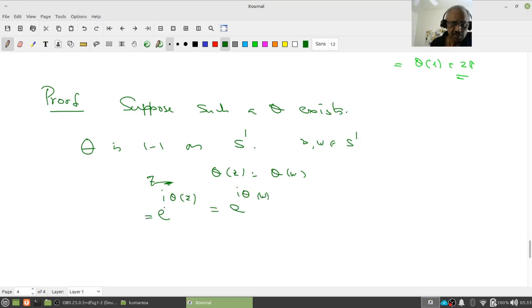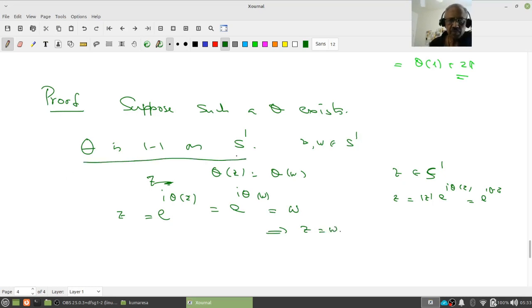But by assumption, z equals mod z into e power i theta of z, and since z has unit modulus, z is e power i theta of z. Similarly, w is e power i theta of w. That implies z equals w. Therefore, theta is one-one.